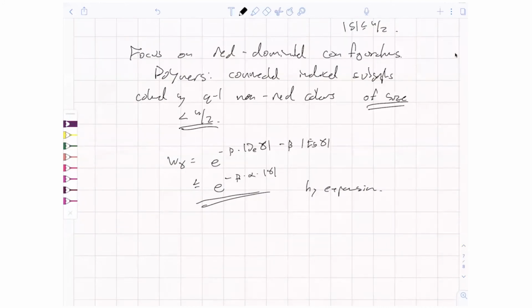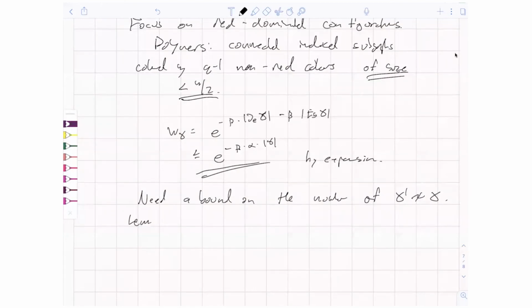We also need a bound on the number of gamma prime that are incompatible with gamma. And here we'll use a simple lemma. This appears in a couple papers, including Galvin and Kahn.